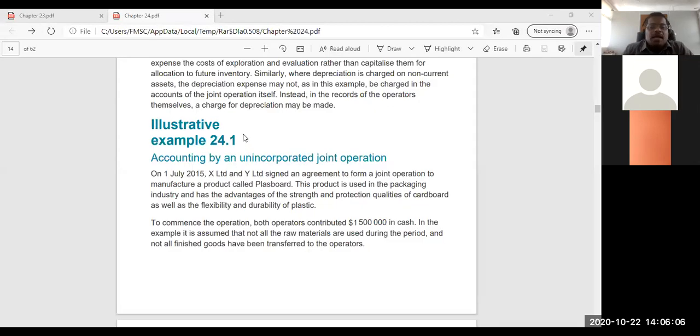This is in the chapter. I will upload the chapter also. 2.41 accounting by an unincorporated joint operation.